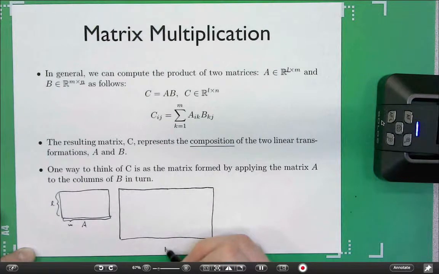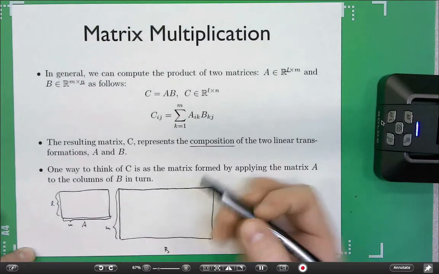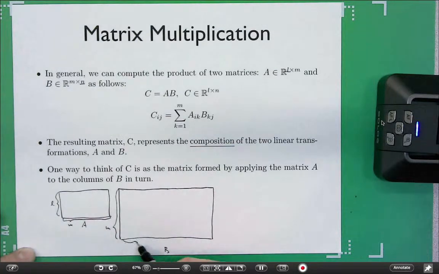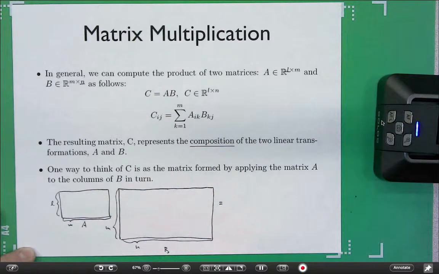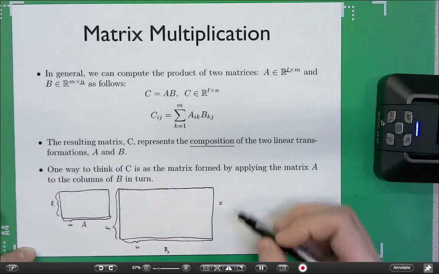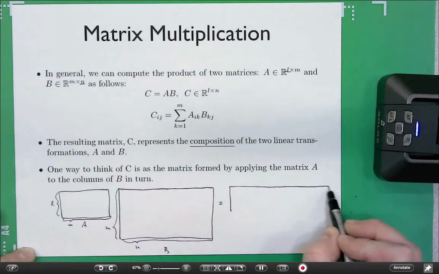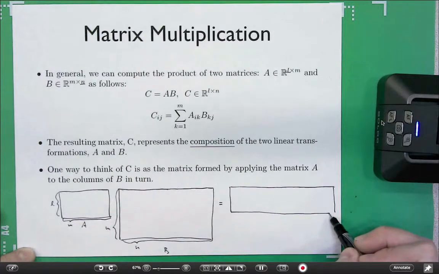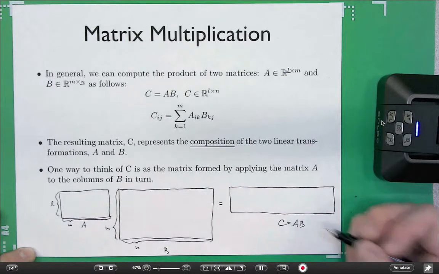So this is my matrix B. The number of rows of B is M. The number of columns of B is N. And the result of the product is going to be a matrix L times N. So here it will be small, and here it will be the big one. So this is my matrix C, or the product AB.